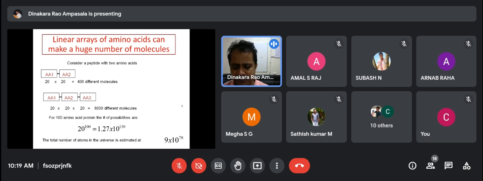Because of 20 amino acids, they have a chance to have different combinations. Because of these combinations, they have different characters, different chemico-physiological activities, and different molecular weights. That is the complexity of proteomics.